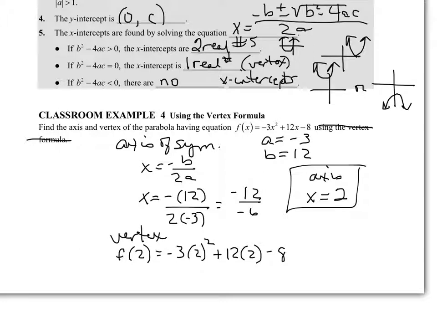And if I were to clean that up, that's negative 3 times 4 plus 12 times 2 is 24 minus 8. That tells me my ordered pair for the vertex is positive 2, comma, positive 4. And that's all we were asked to find. So that's all we'll do.